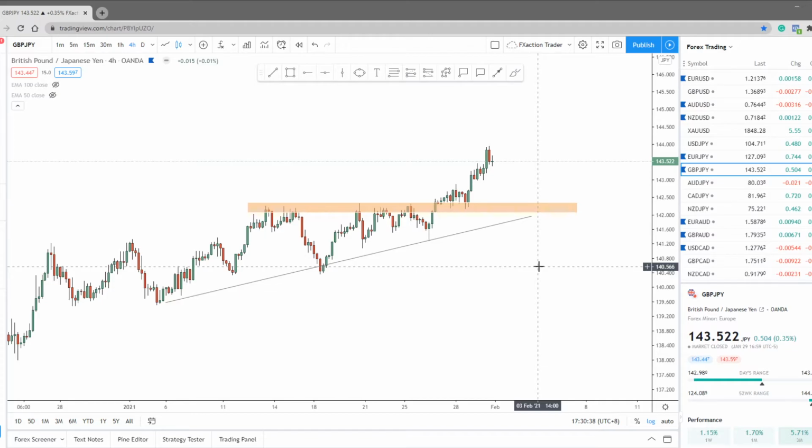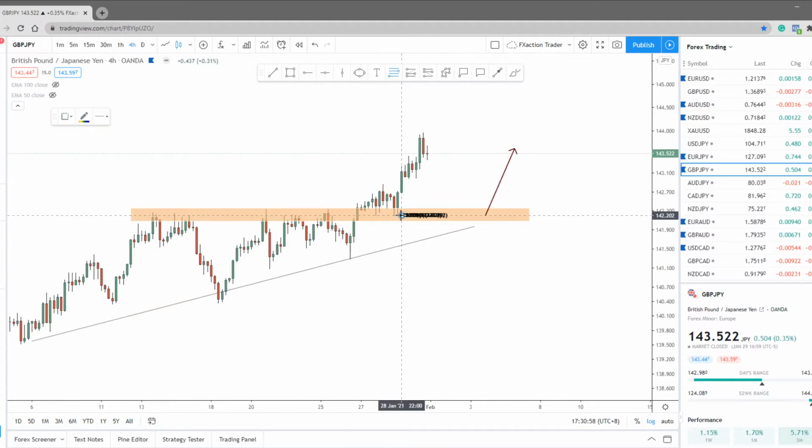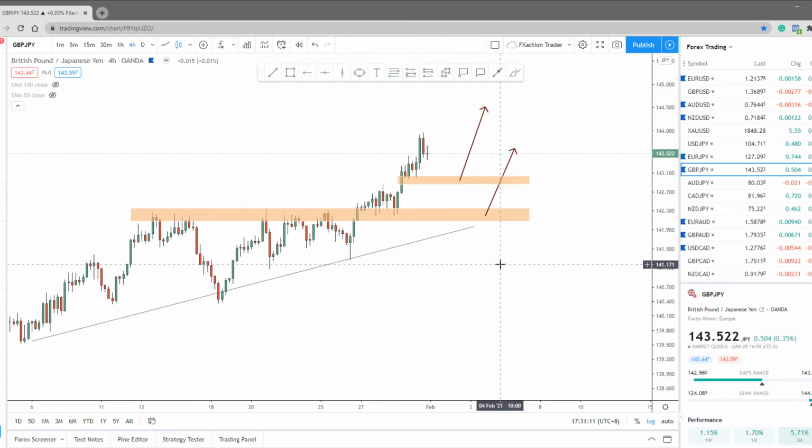So what we can do is that we can either wait for price to retest this support level again. All right, the second option is that we can wait for market to pull back to the Fibonacci 50% area, and we look for a better buy signal on lower time frame with a very strict stop loss just right below this support level.